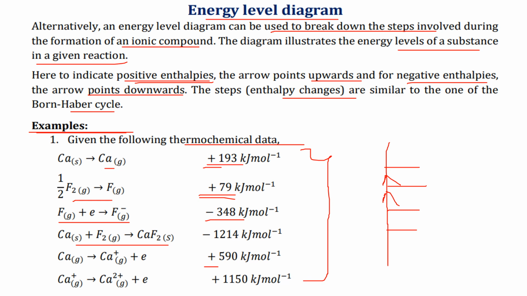Enthalpy of formation of calcium fluoride is going to remain negative 1214 kJ per mole. And first ionization energy of calcium is going to remain positive 590, and second ionization energy of calcium is going to remain positive 1150 kilojoules per mole.